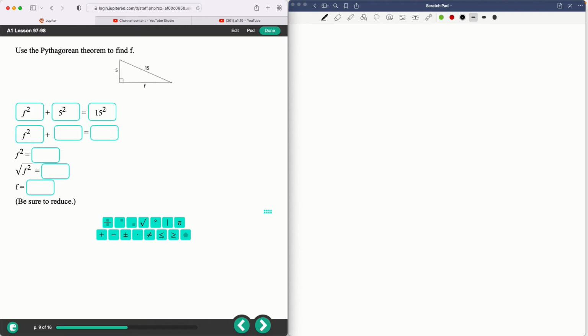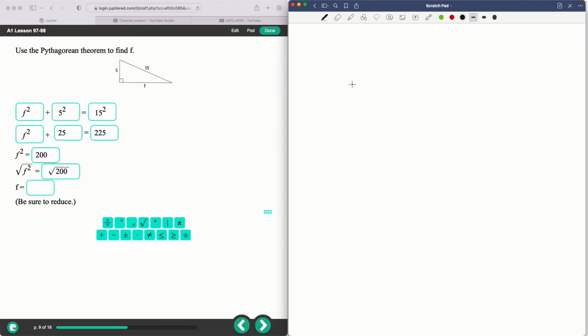And this will be 25. And then that would be 225. So if I subtract 25 from both sides, then that's going to be 200 here, because 225 minus 25 is 200. So this is going to be the square root of 200 right there.